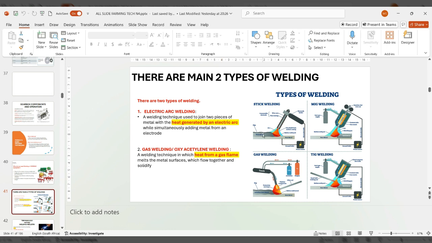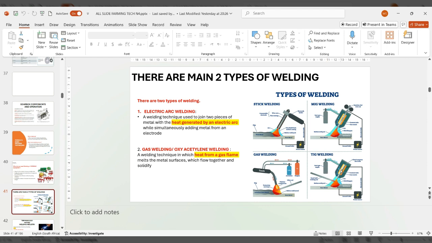As we continue, we are going to look at what an arc is. What I wanted to elaborate here is that we have two types of welding, that is electrical arc welding and gas welding. In electrical welding, we have three types: stick welding, MIG welding, and TIG welding.